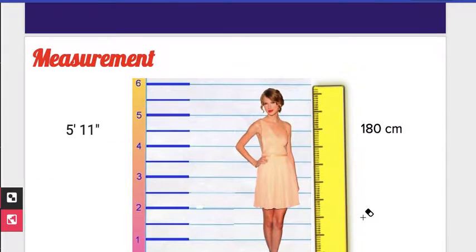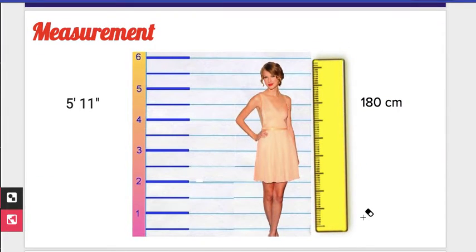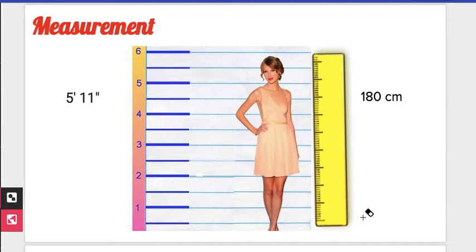Before that, let's talk about height. As many of you students probably know, if you come from different countries, we might use different units to describe distance. For example, in China and a lot of other countries, people use centimeters and meters to describe distance. Here we use feet and inches.